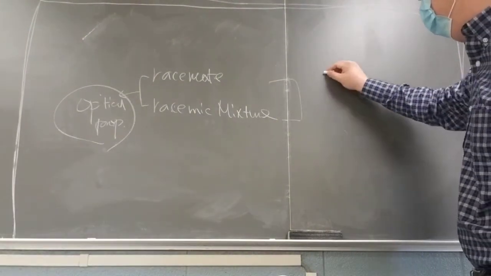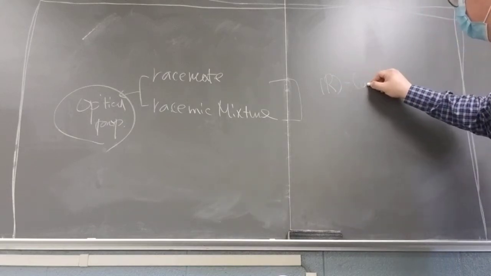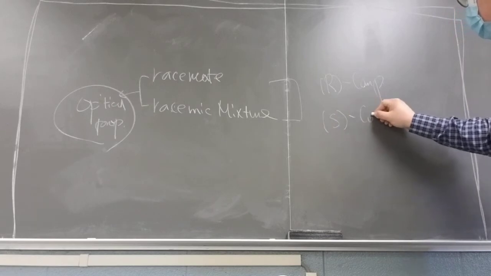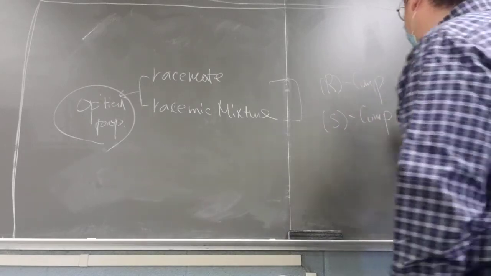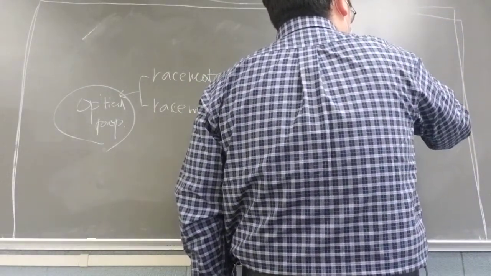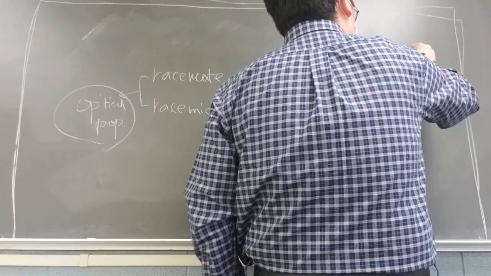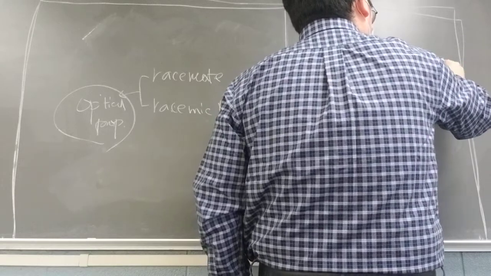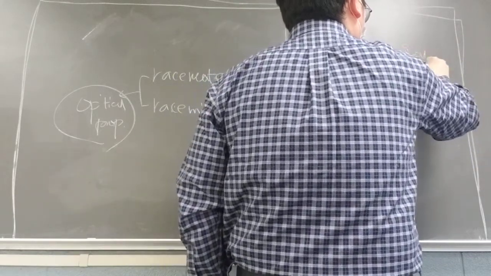So if you have an R configuration compound and an S configuration compound, maybe an easy example here. So this will be 1, 2, 3, right?